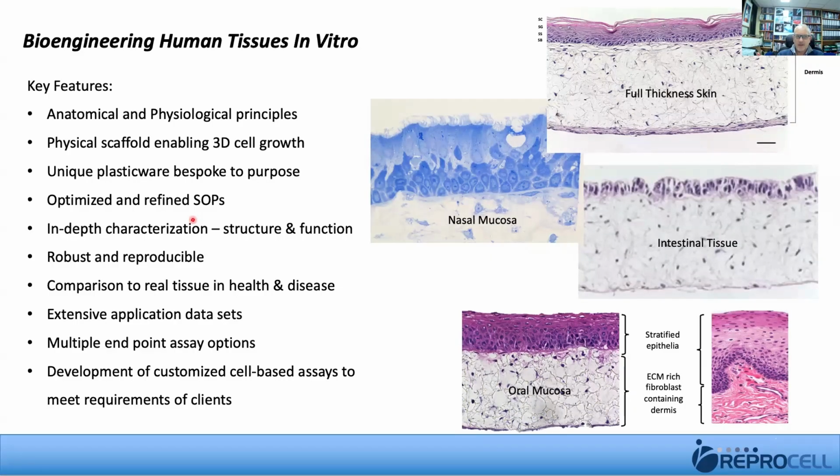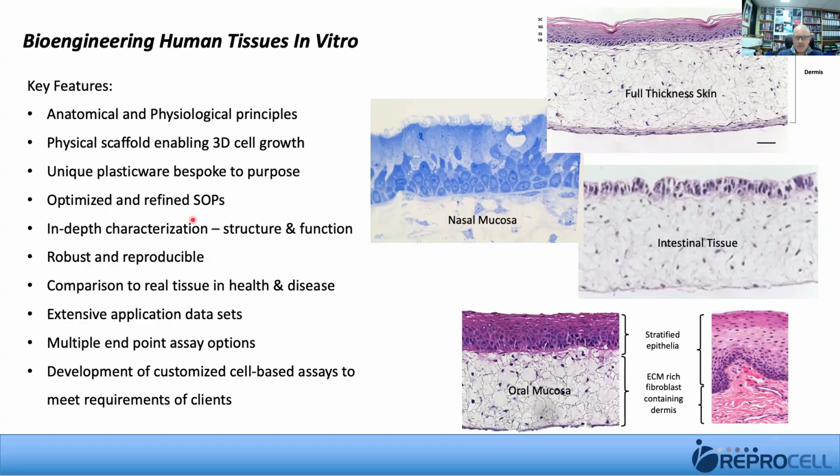The key features of these models are that we generate them following anatomical and physiological principles, such as structure is always related to function. So the structure of an epithelium, for example, is of a particular architecture for good reason, and I will explain this further when we come to this point.